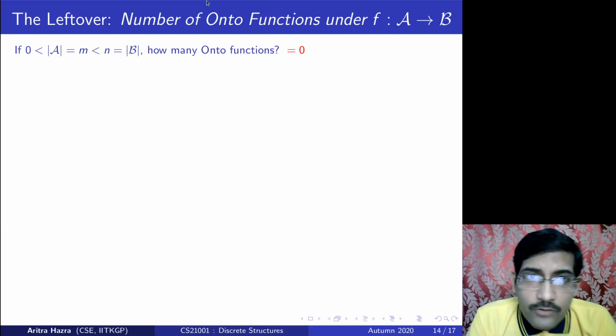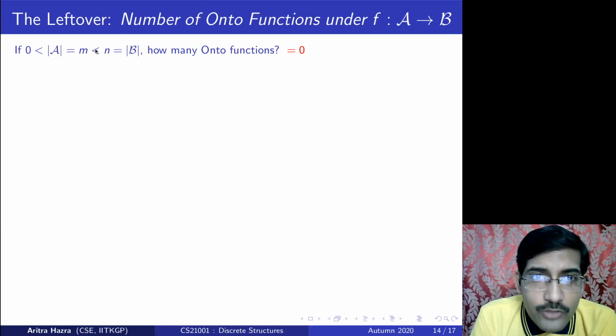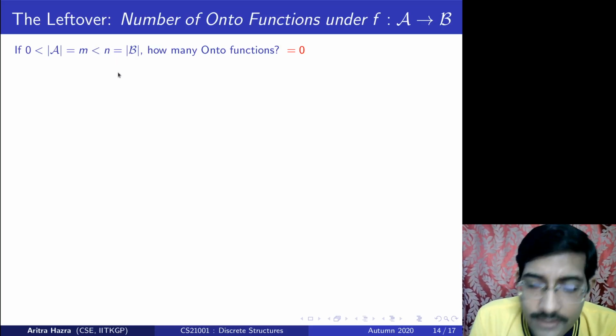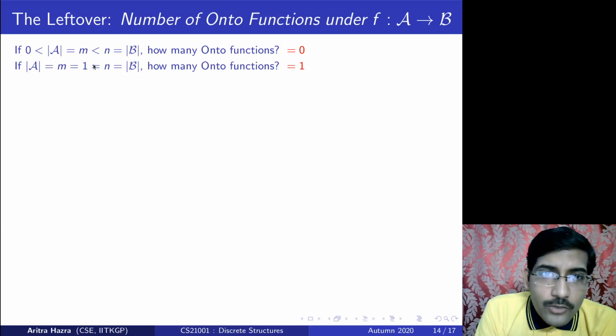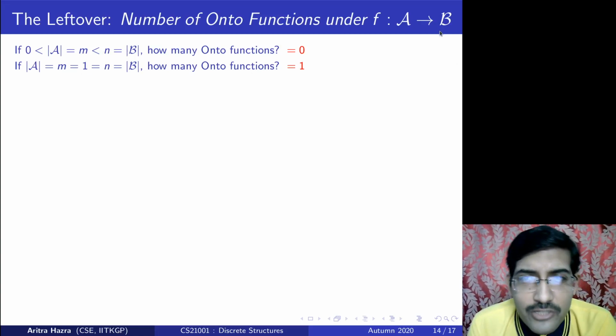So to compute the onto functions to be at least more than 0, we should have M greater than or equal to N. Let us try to see the first basic case. It is greater than or equal to, and it is greater than 0. So let us assume both are 1. There is one element in A and one element in B, which is very straightforward.